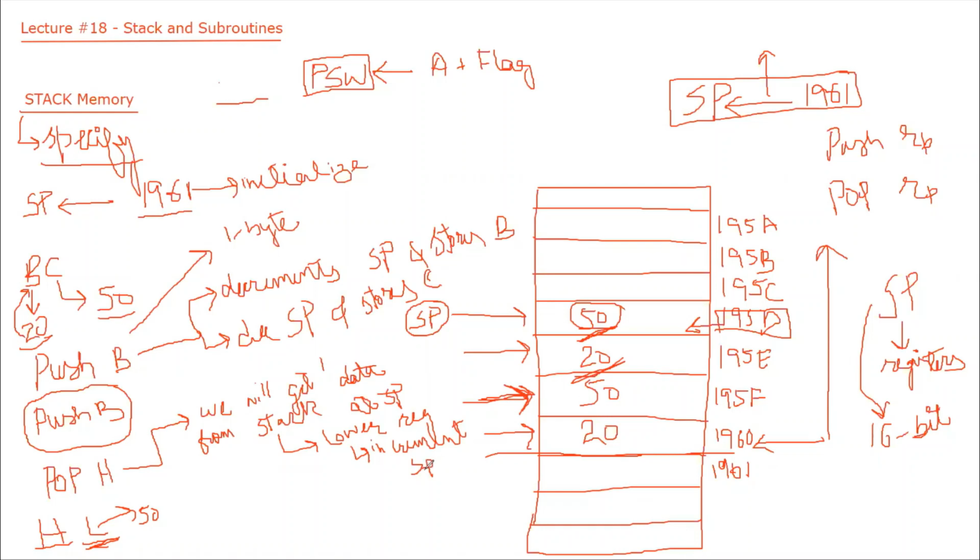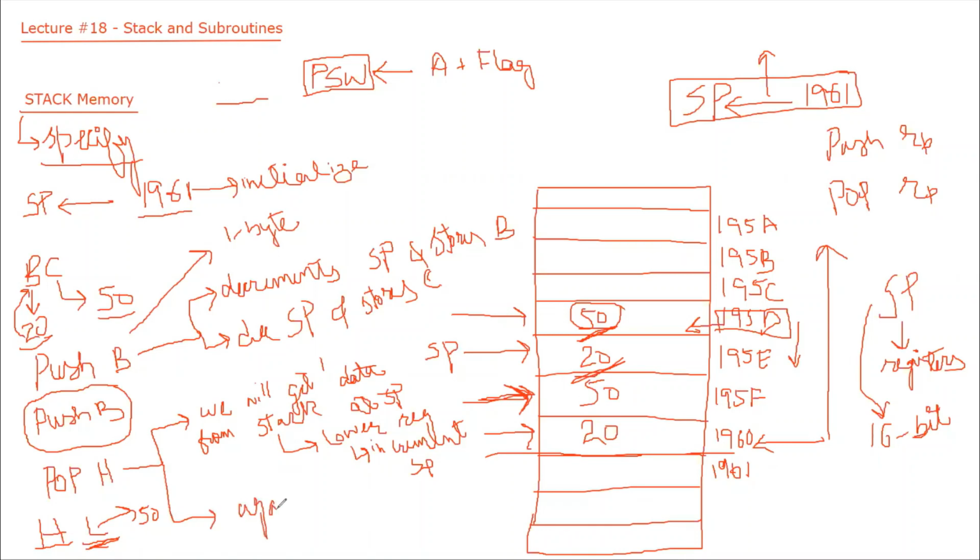So after this, our stack pointer will increment. What is the current value of stack pointer? Current value is 195D. When we increment it, it will be 195E. So our stack pointer will now point to this location, 195E.